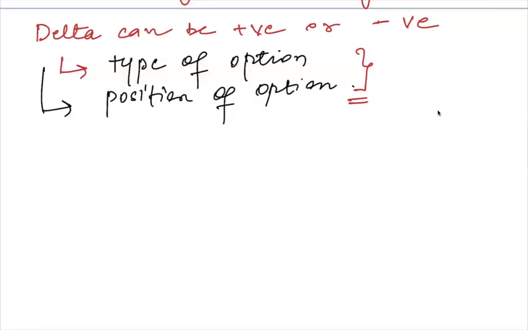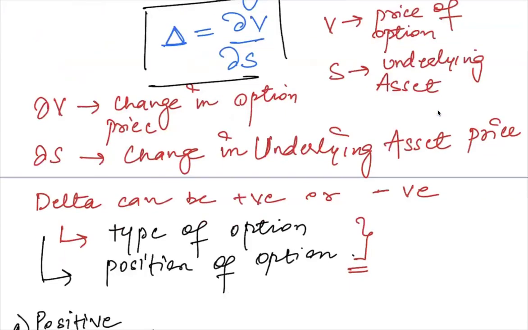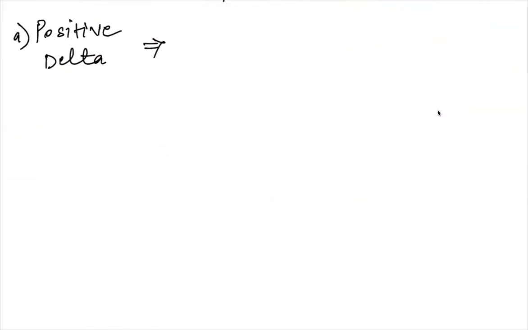So what is positive delta? As I said, delta represents the change in option price with respect to change in underlying. So when I say delta is positive, what does this mean?